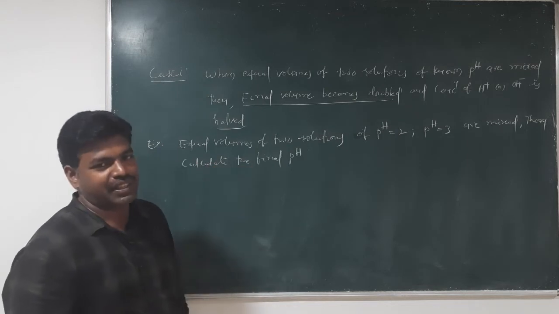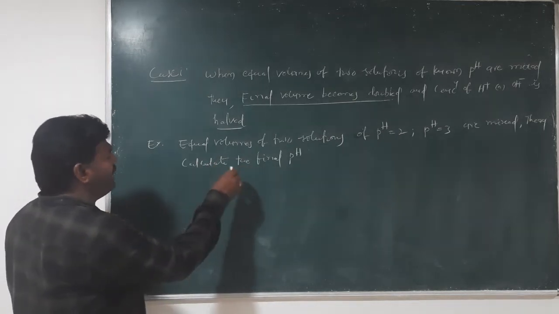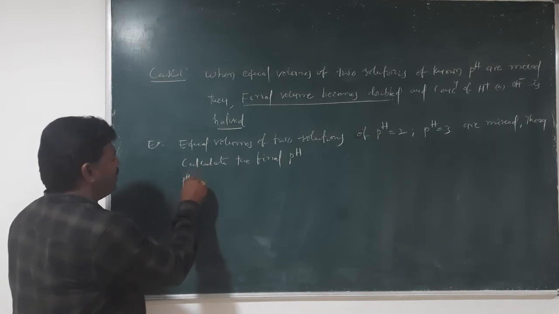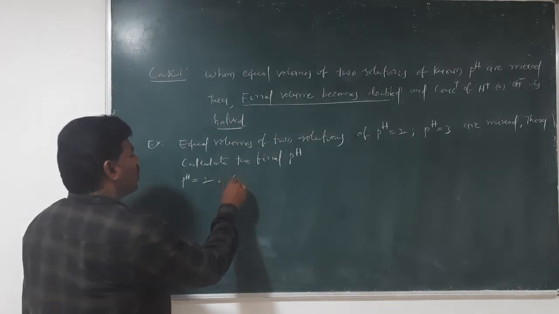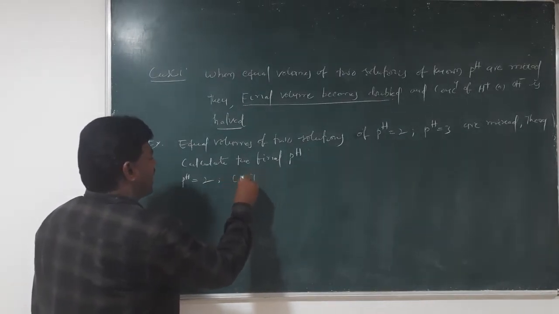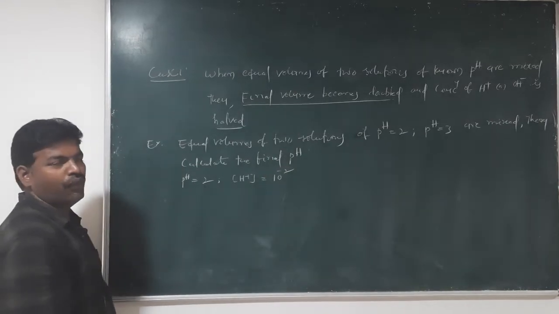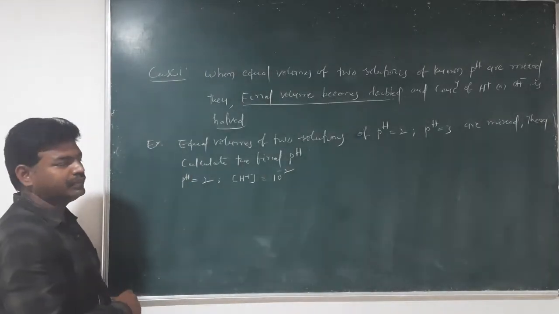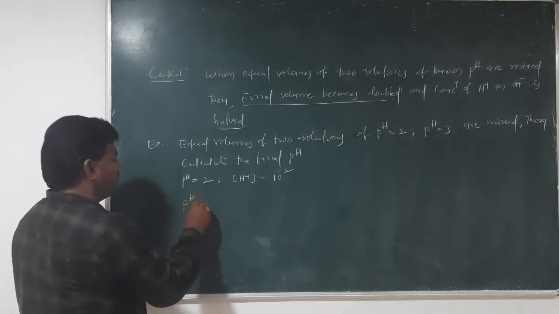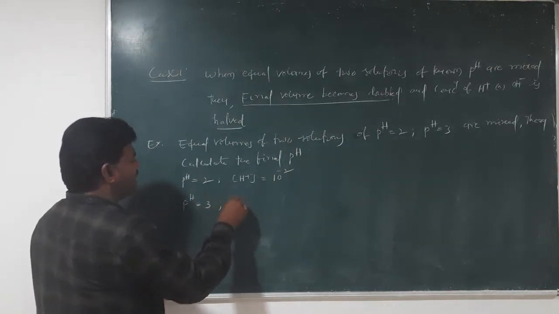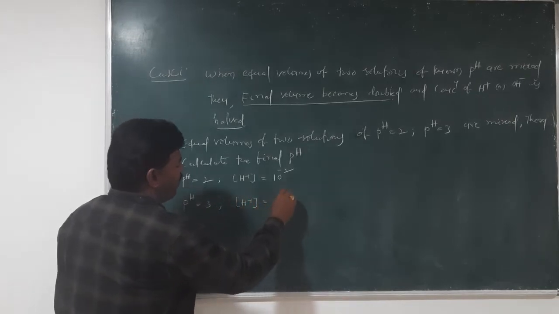So the calculation is here. One solution having pH 2 means the concentration of H plus ions is 10 power minus 2. We know that rule. And another solution is pH 3, so the concentration of H plus ions is 10 power minus 3.